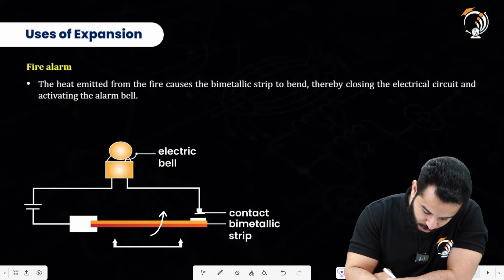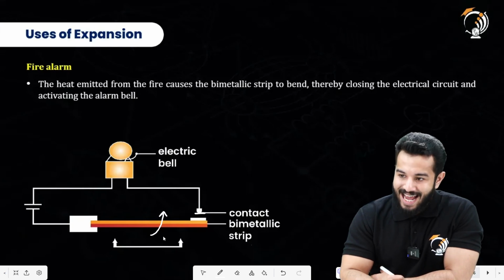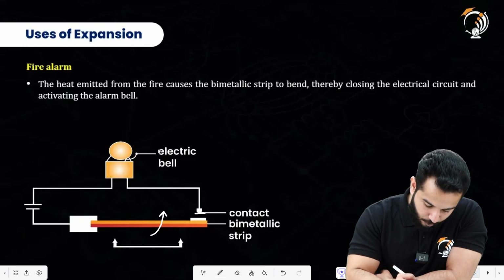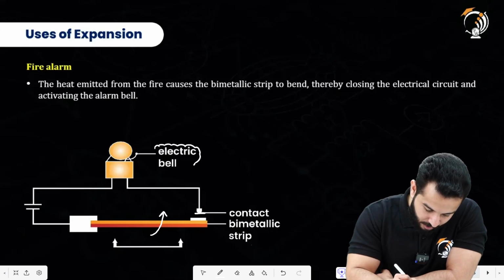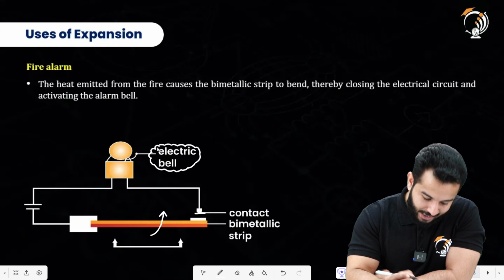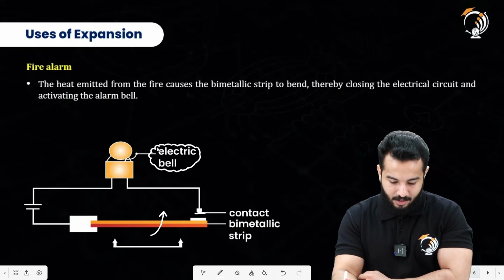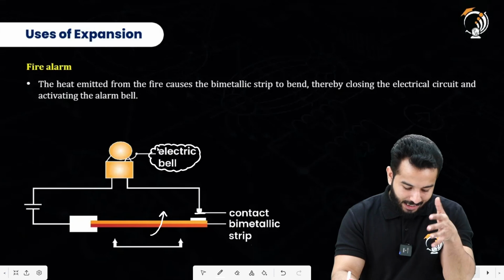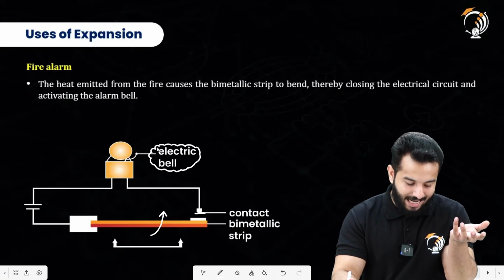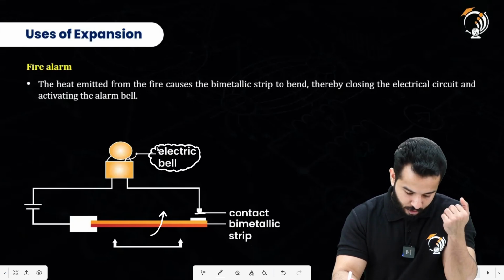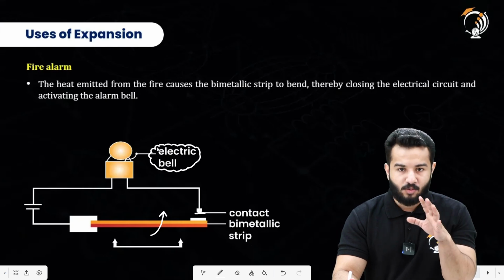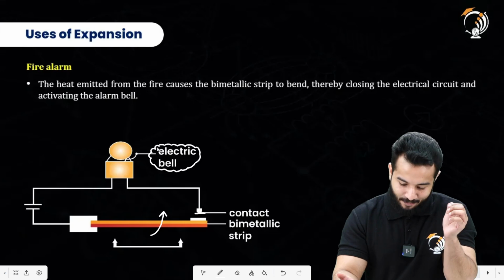It will touch this contact point, right? As soon as it touches the contact point, the electric bell will get activated, and that's how the fire alarm basically works, right? So this is the first case, one of the most simple cases.